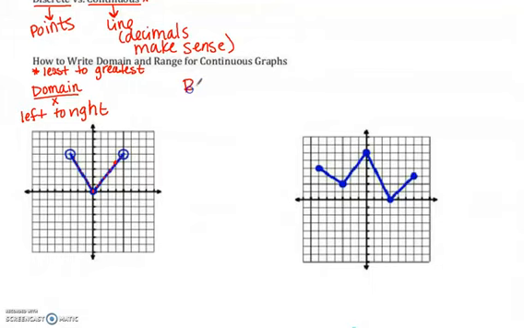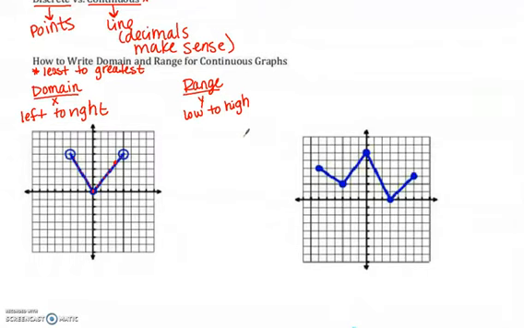Now, range, we already know, is the y-axis. But the y-axis doesn't go from left to right, it goes from bottom to top. And if it's least to greatest, the lower numbers are on the bottom, and the higher numbers are on top. So you can think bottom to top, or I like to write low to high. What's the lowest, what's the highest? However you want to write it. Okay? So domain is from left to right, and then range is from the lowest to the highest, or bottom to top, whichever one makes more sense to you.